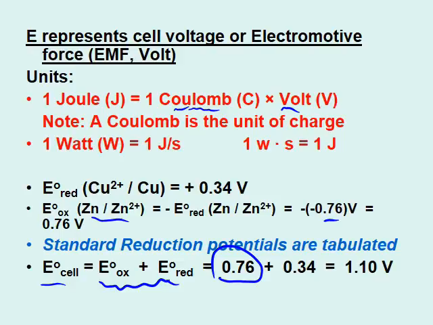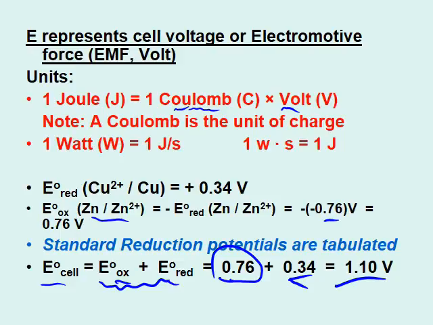So minus 0.76 became plus 0.76 as we changed from the reduction value to the oxidation value. The other half reaction would have a reduction reaction, and so you can use the number as it is. Then add these two numbers and you get the voltage of this particular cell or voltaic cell.